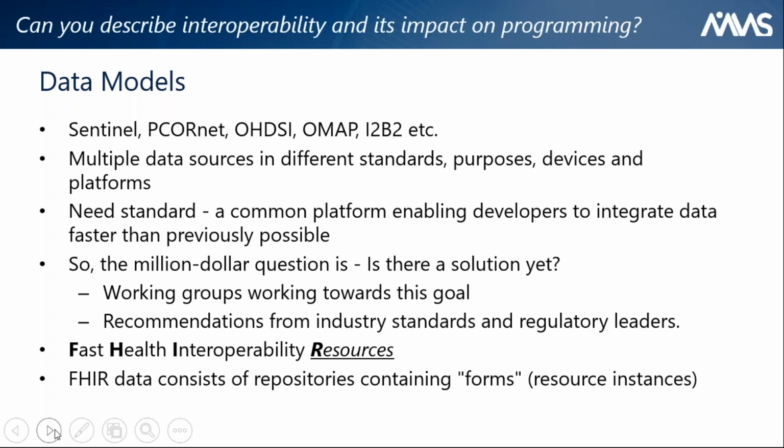In this document, there was also a mention about CMS releasing a proposed rule for its organizations to provide their enrollees access to their data electronically via open APIs using these FHIR standards.